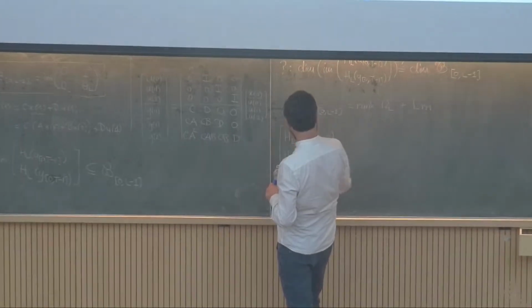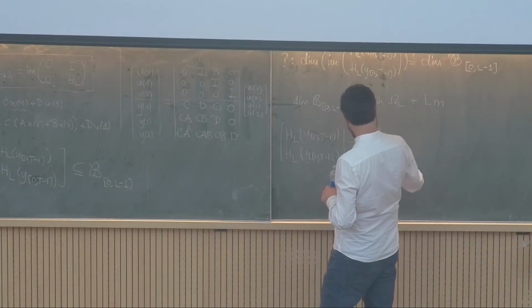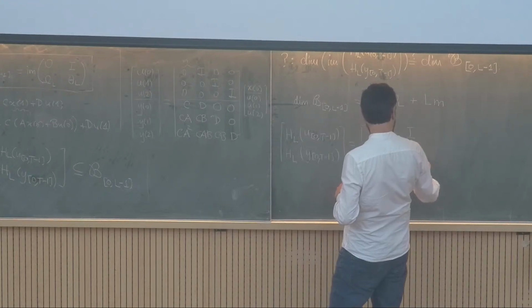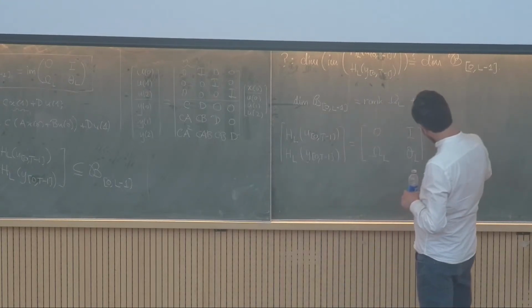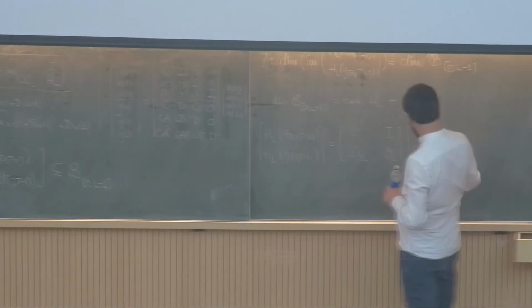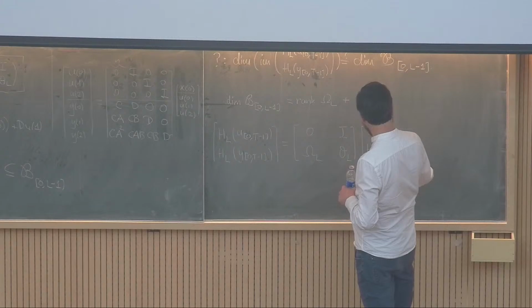This is equal to, again, 0 omega L, identity theta L times x Hankel L of U, and this is x0 t minus L minus 1.